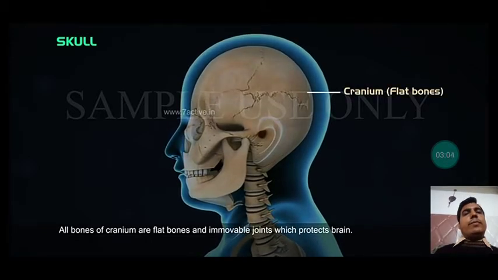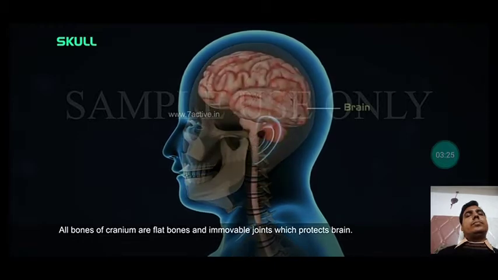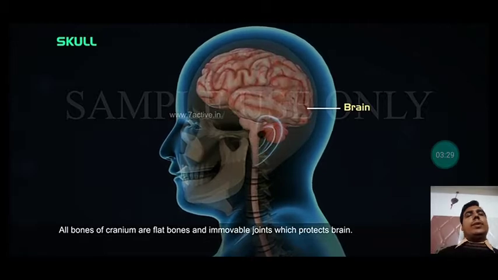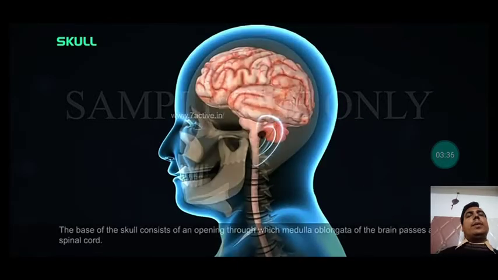Students, all the bones of the cranium are flat bones with immovable joints which protect the brain. The cranium bone is a flat bone. In the cranium, the brain is situated and the cranium bones protect the brain.